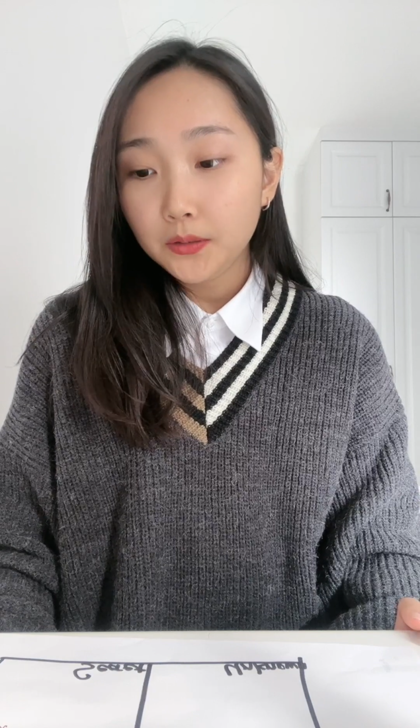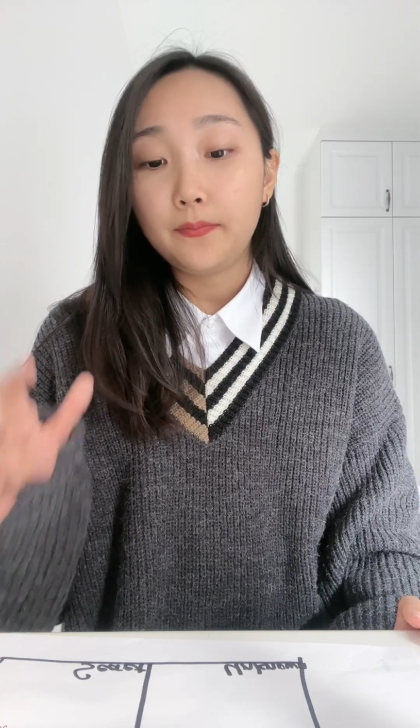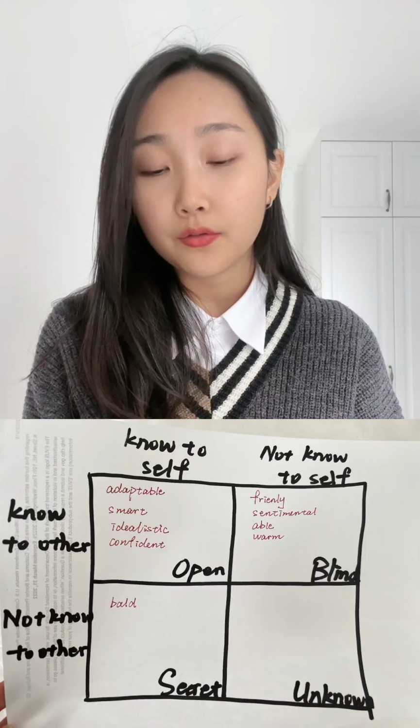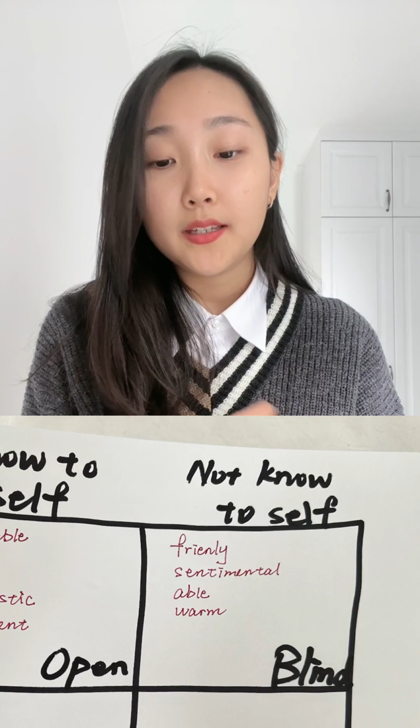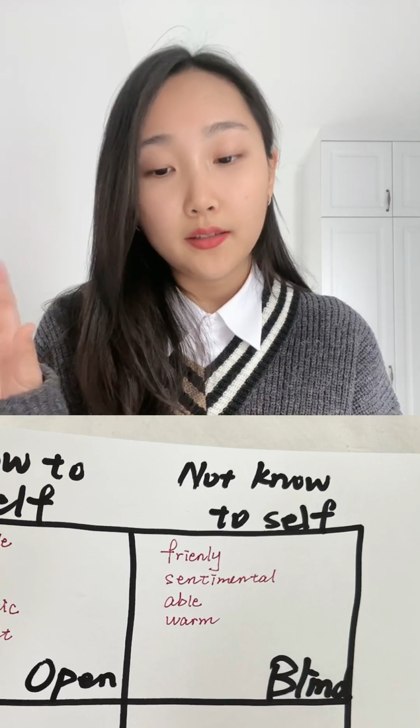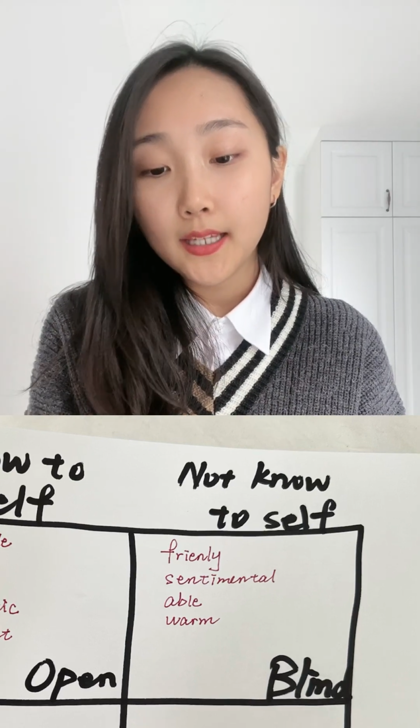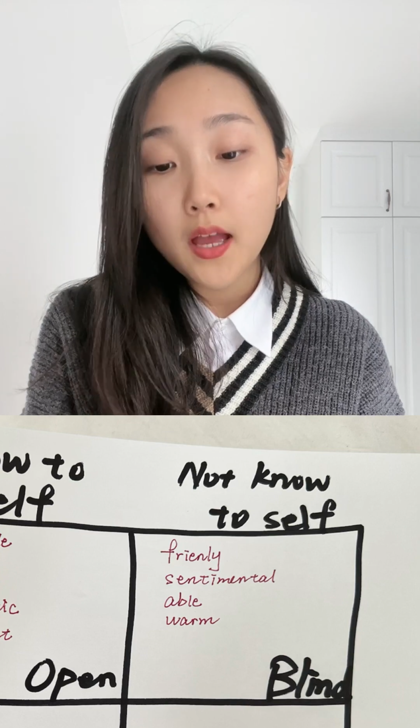So for example, last night I played this game with my parents. Here are the results. In the blind area, there are some words that are acceptable to me, like friendly, able, warm.